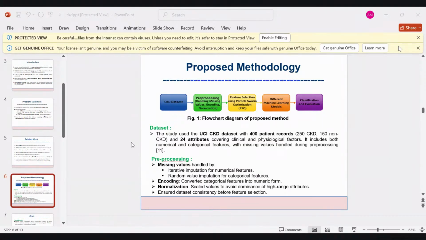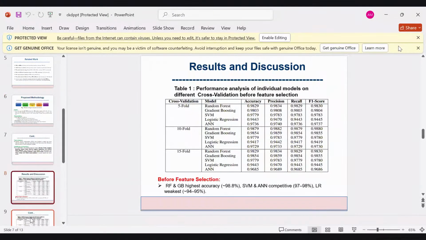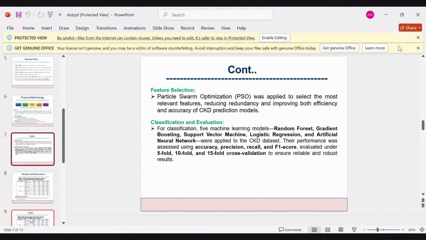We have tested 5 machine learning models: random forest, gradient boosting, SVM, which means support vector machine, logistic regression, and ANN, which is artificial neural network. We evaluated them under 5-fold, 10-fold, and 15-fold cross validation.